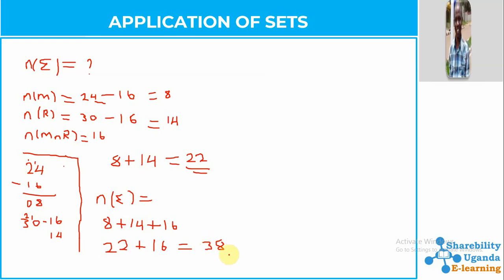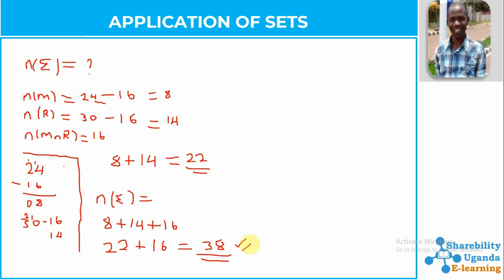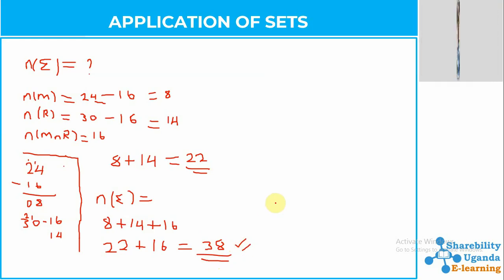So the total number of pupils within the whole class is equal to 38.